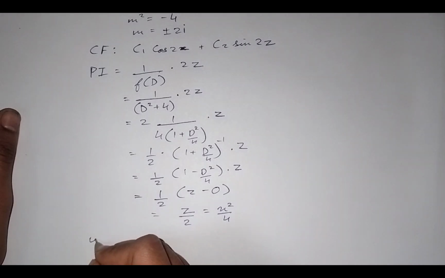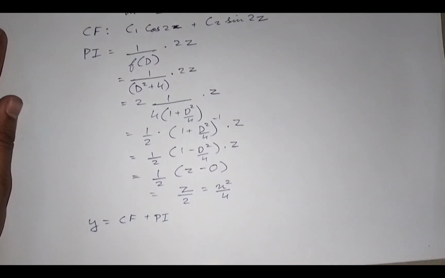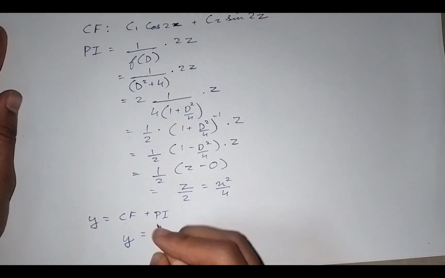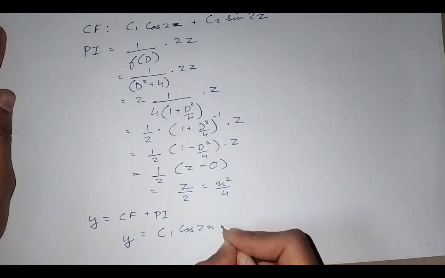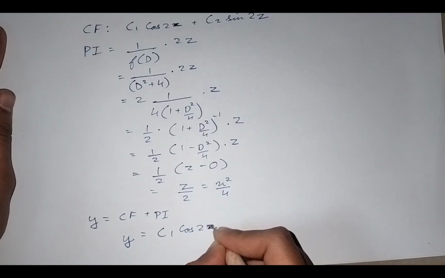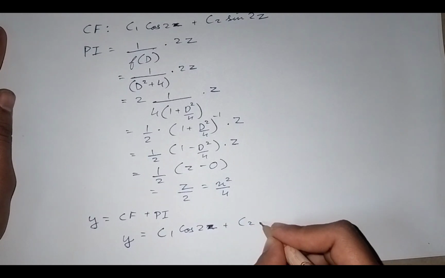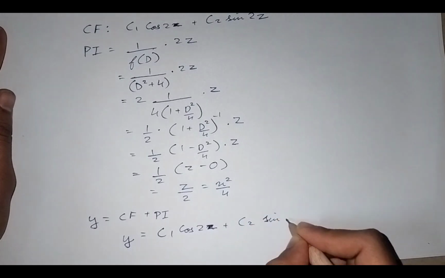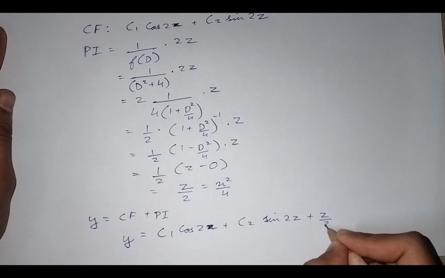Thus the final solution y is equal to CF plus PI, and y is equal to c1 cos 2z plus c2 sin 2z plus z by 2.